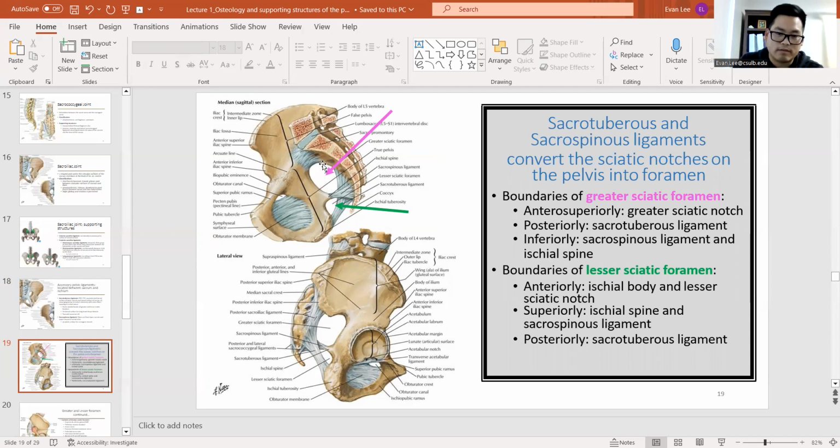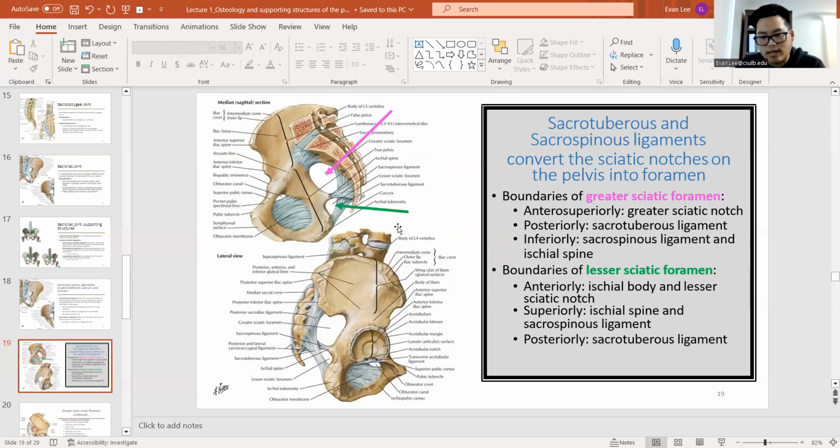So the greater sciatic foramen is going to be formed by the greater sciatic notch, but also by the sacrotuberous ligament, as well as the sacrospinous ligament down here. And then the lesser sciatic foramen is going to be formed by the lesser sciatic notch, as well as the sacrospinous ligament and sacrotuberous ligament once again.